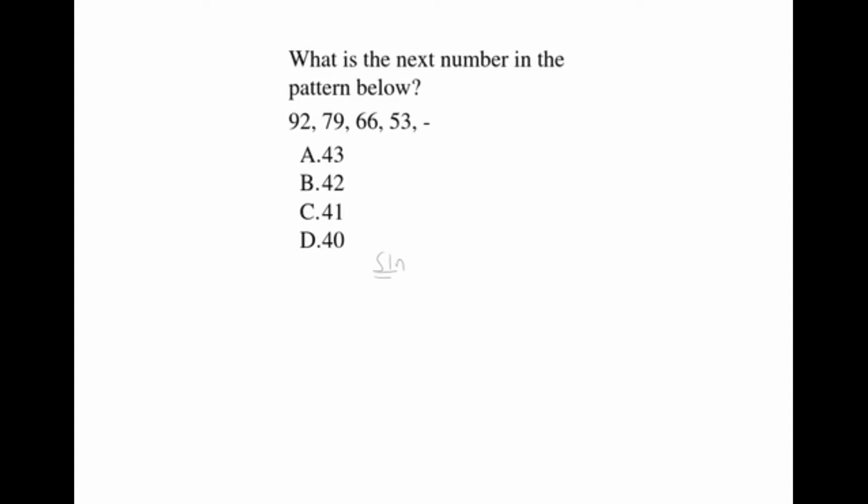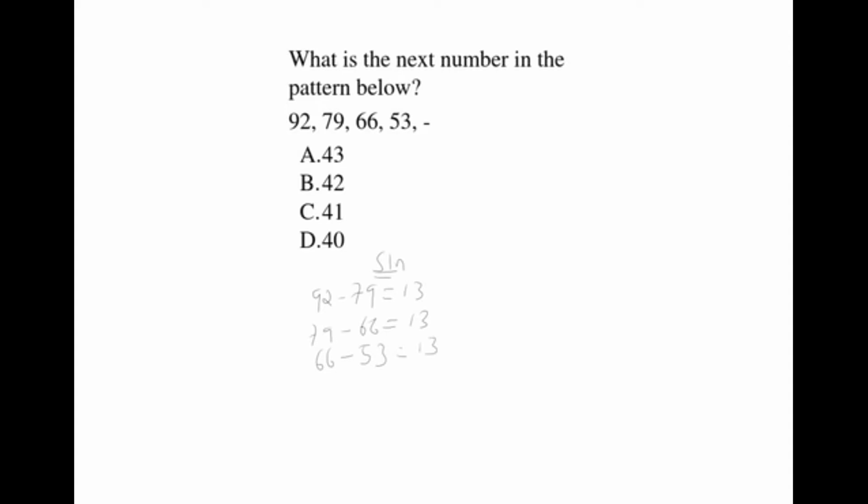So let's see, 92 minus 79 gives us 13. Then we have 79 minus 66, this gives us also 13. And 66 minus 53 gives us also 13.